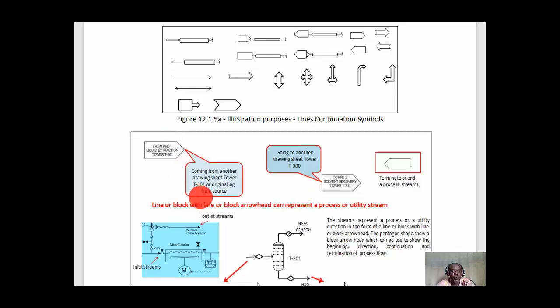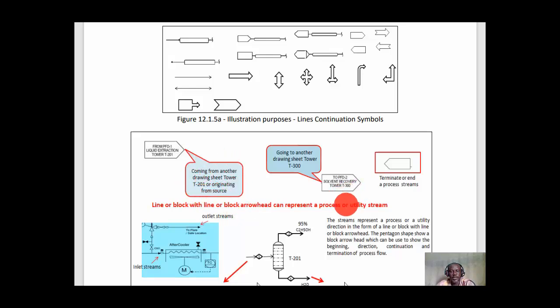Here we have this symbol. This is a directional symbol from PFD1, which is the liquid extraction T label T-201, signifying that this arrowhead is coming from another drawing sheet labeled T-201, which is the originating source.